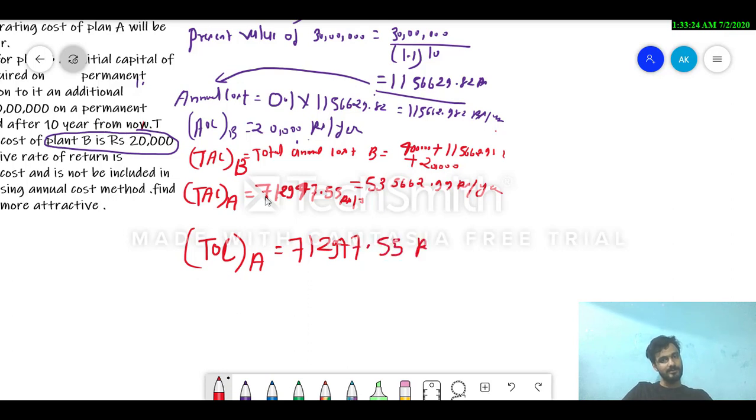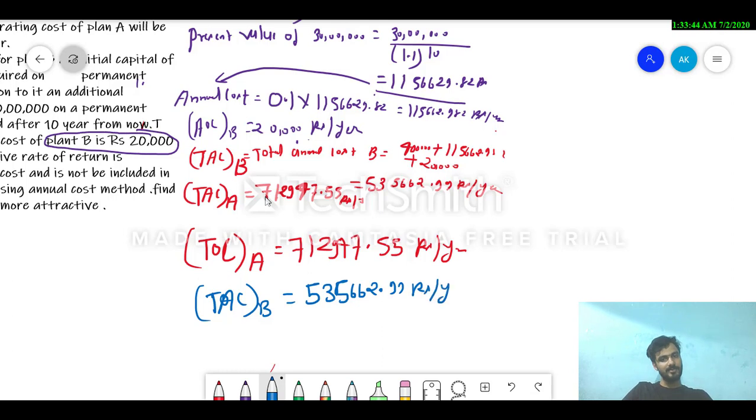The total annual cost of project B equals 535662.9 rupees per year.